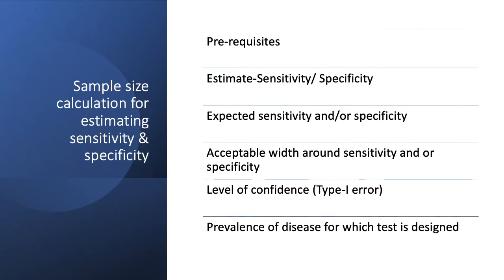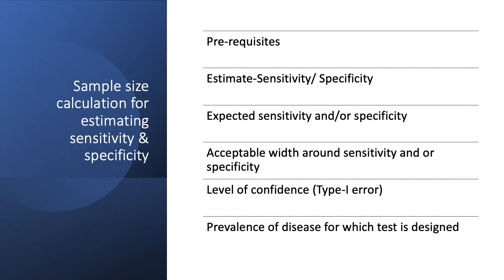Prerequisites for such sample size calculations were explained to you earlier as well. Generic principles were explained to you. So you will need an estimate of the effect. In this case, you will need an approximate idea of how much sensitivity and specificity will be, and how wide or how much clinically acceptable range of sensitivity and specificity you are going to estimate.